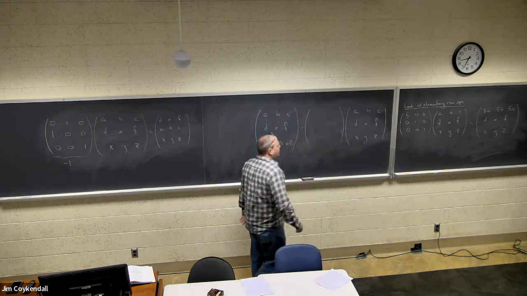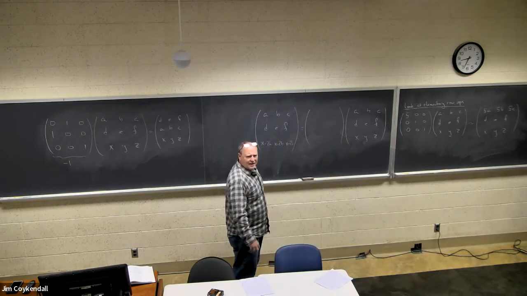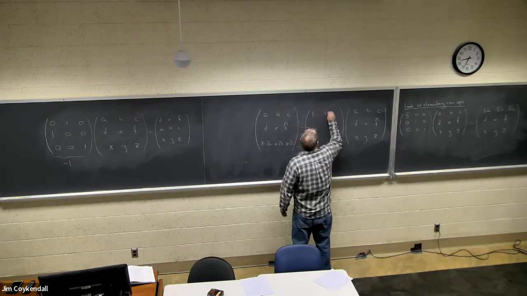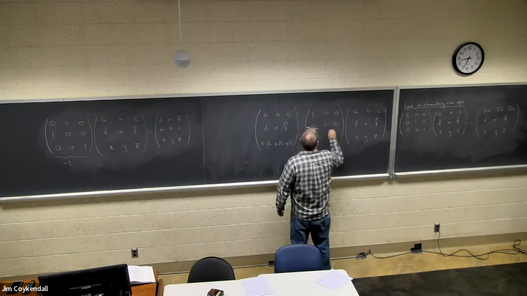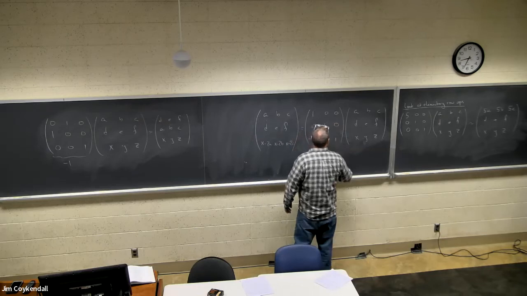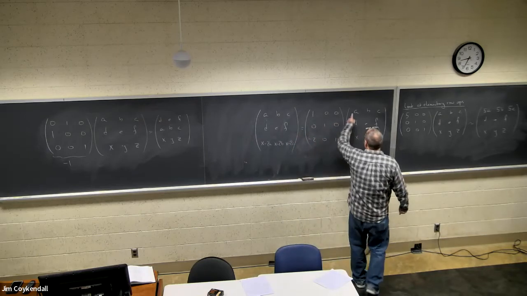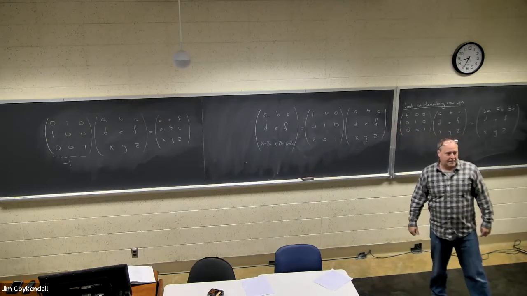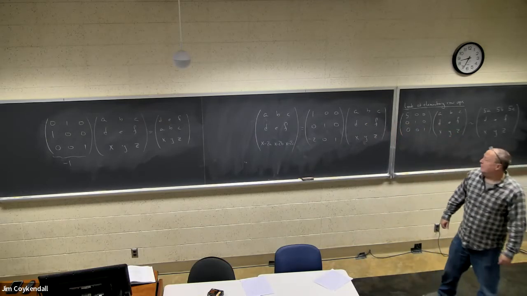Anybody know what this is going to look like? Would it be like the -2 in the bottom of it? Right. -2 times the first plus the last. Everybody okay with it? What's the determinant of this matrix?